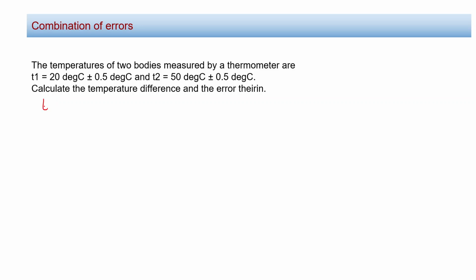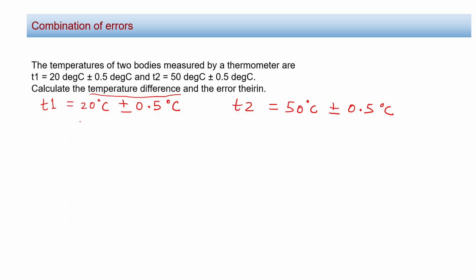T1 is 20 degrees centigrade plus minus 0.5 degrees centigrade. T2 is 50 degrees centigrade plus minus 0.5 degrees centigrade. This could be least count or something else that they have not given, but they have just told this as the error in these values.